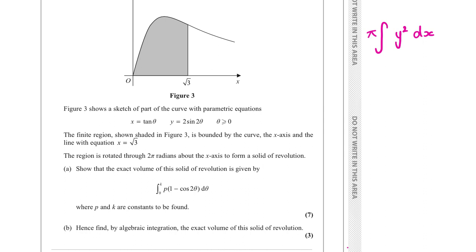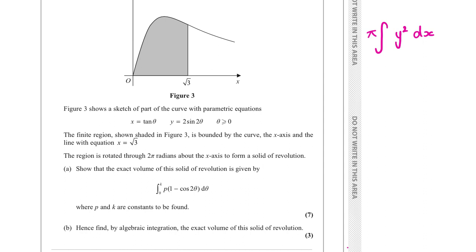And then it says show that the exact volume of the solid is given by this. Now, what we notice is a few things. First of all, these are parametric equations. So we have y in terms of x. We need to change this now to in terms of theta.